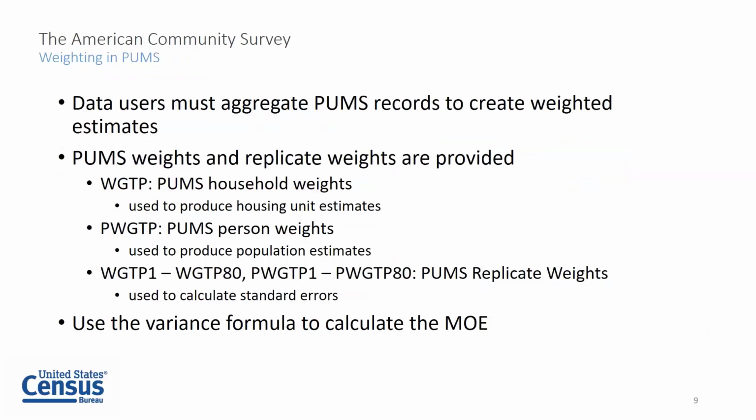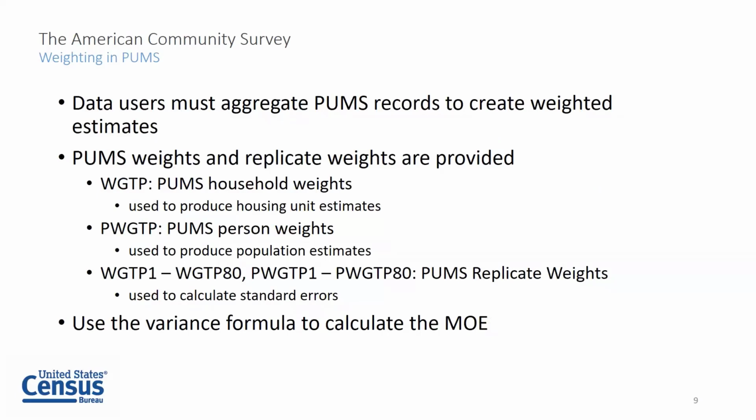As I mentioned in the previous slide, PUMS data provide individual records that data users must aggregate to form estimates. Unlike on data.census.gov, there are no pre-tabulated data. Weights are included on the PUMS files so that data users may create weighted population estimates.